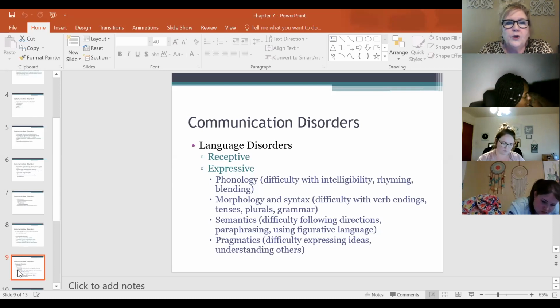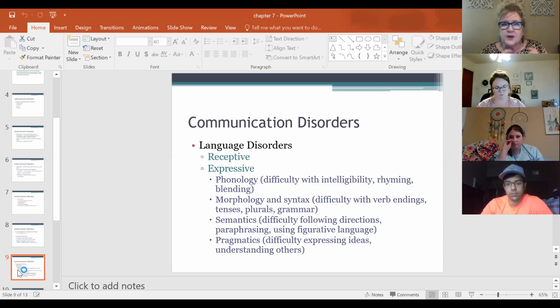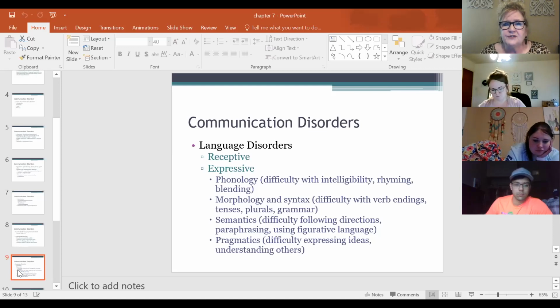So we go back to those terms that we learned earlier: phonology, morphology, semantics, etc. And this is how they're dealt with within the expressive language realm. So in the phonology realm, an expressive language disorder is when the child has difficulty with intelligibility.